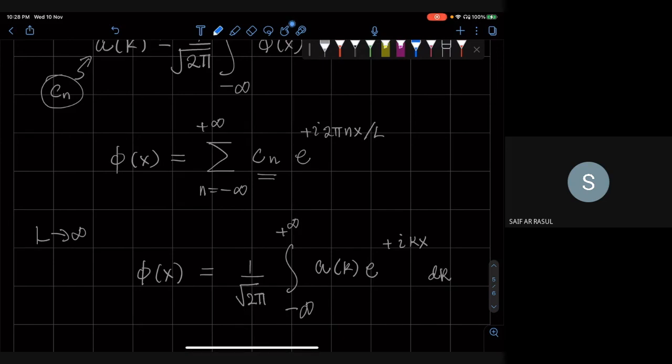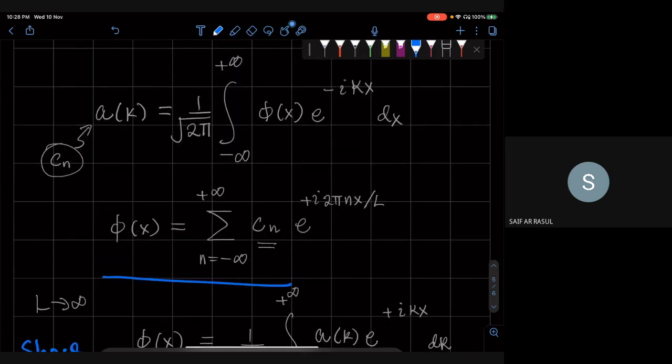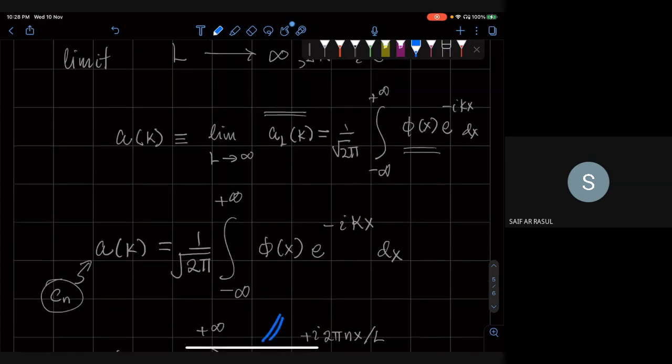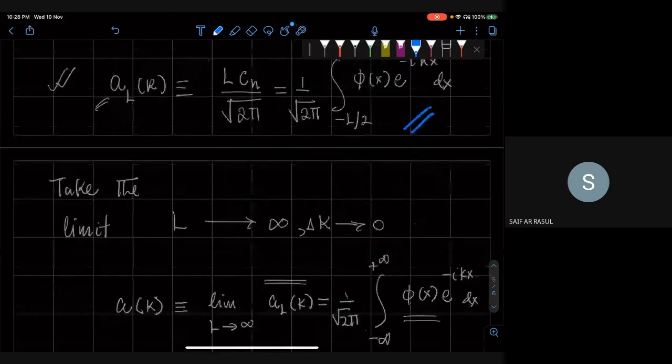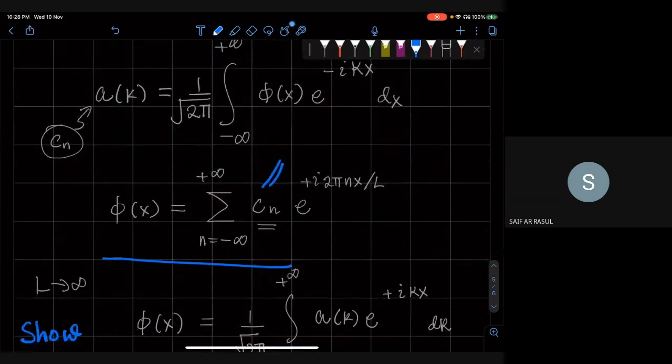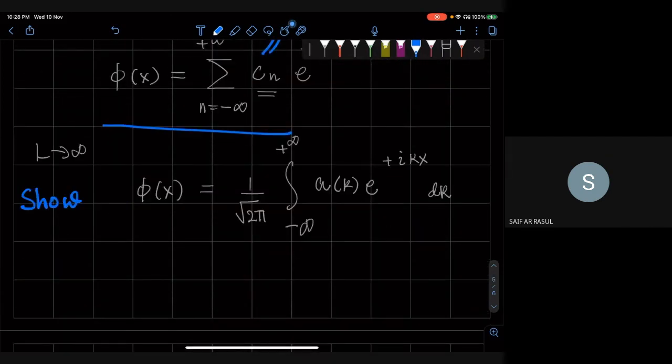Now this is not hard, but show this by starting here and using the expression for C_n, the integral expression that we have over here, and then taking the limit, L goes to infinity and delta k goes to 0.